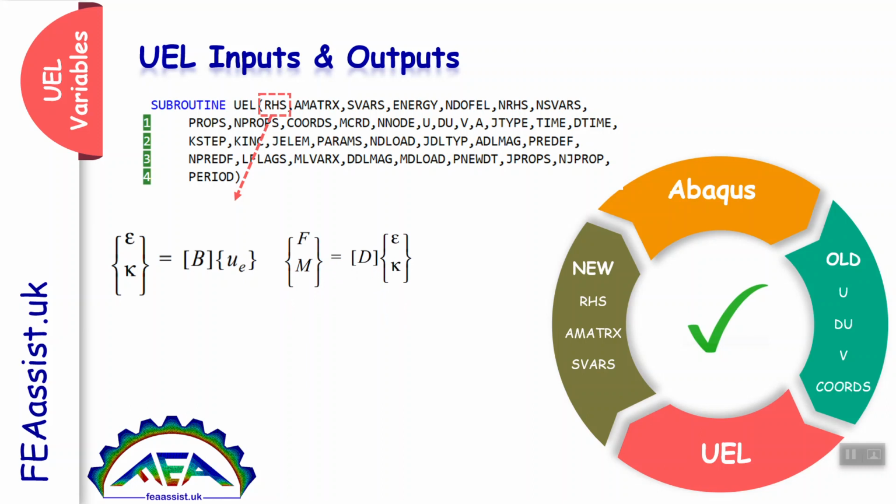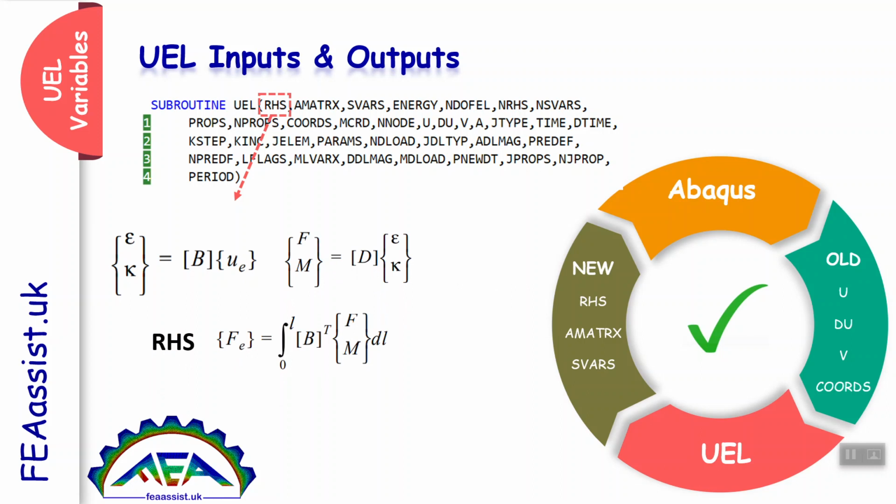So this is the constitutive equation. By this method, we solve our problem. So RHS is F, which, by combining these two equations, is the integration over the length, area or volume of the element of B transpose F dl. So you understand what the RHS is that you need to update in your problem.